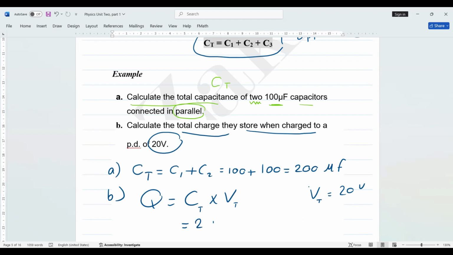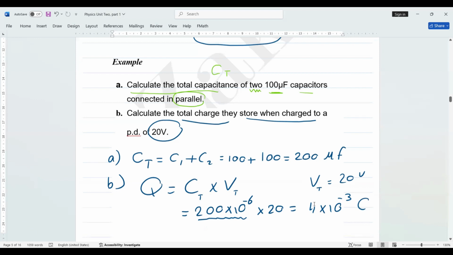So it's 200 multiply 10 to the power negative 6 to be in farad. Multiply the voltage, it's 20. So 200 multiply 10 to the power negative 6 multiply by 20. The answer is 4 multiply by 10 to the power negative 3. The unit is coulomb.